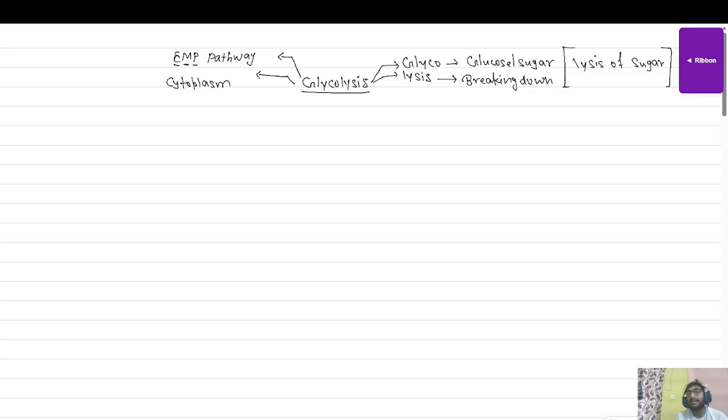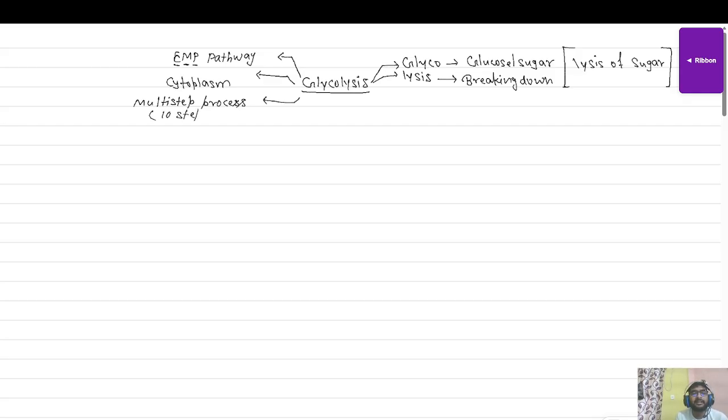Now let's get to know how many steps it takes to complete glycolysis. It's a multi-step process, roughly 10 steps to complete.